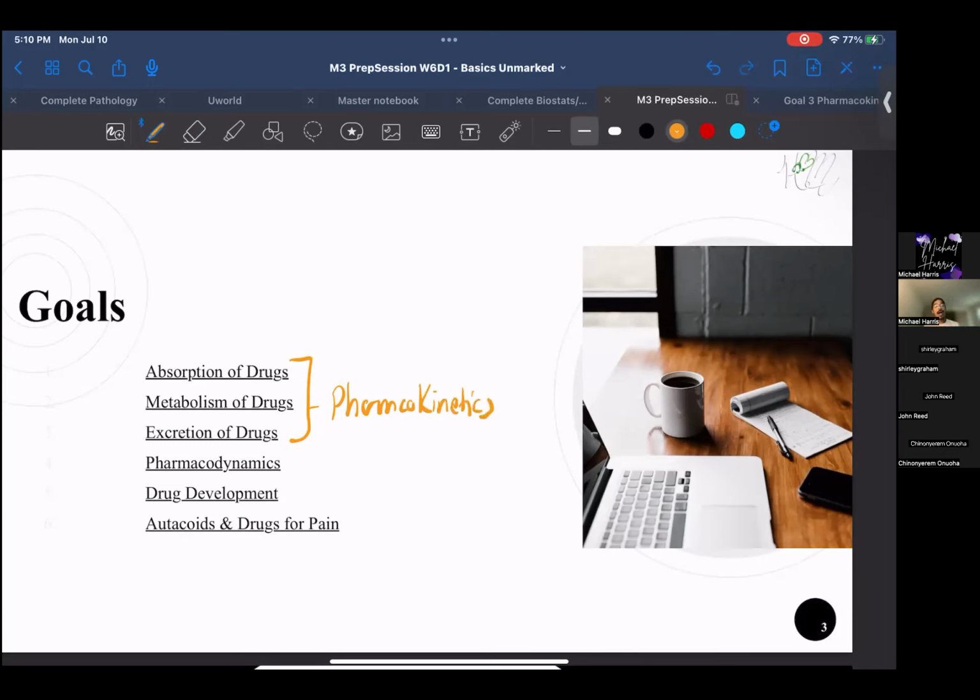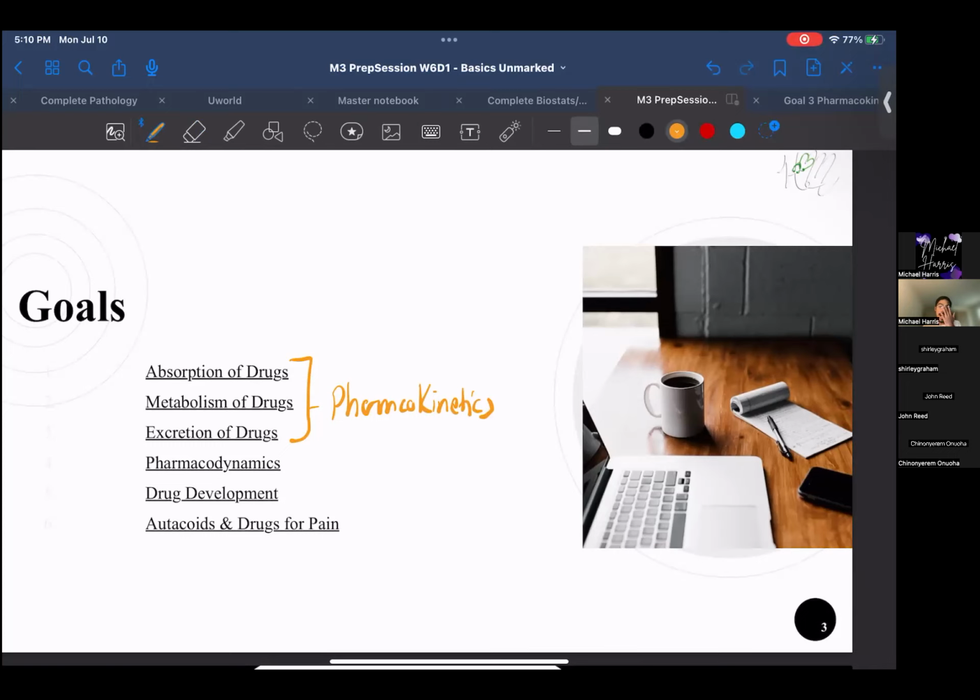And the bottom one, pharmacodynamics, is more of what the heck does this drug do? That's what pharmacodynamics is all about.